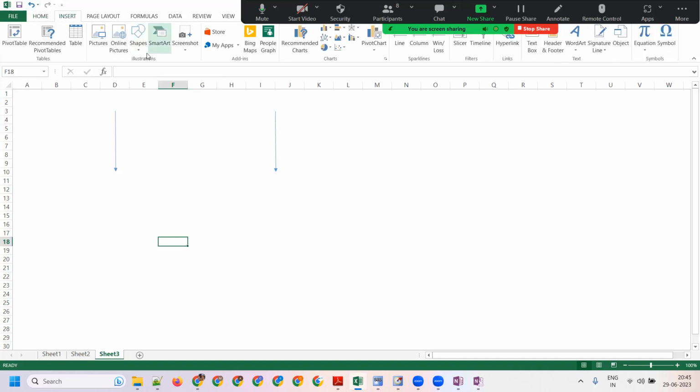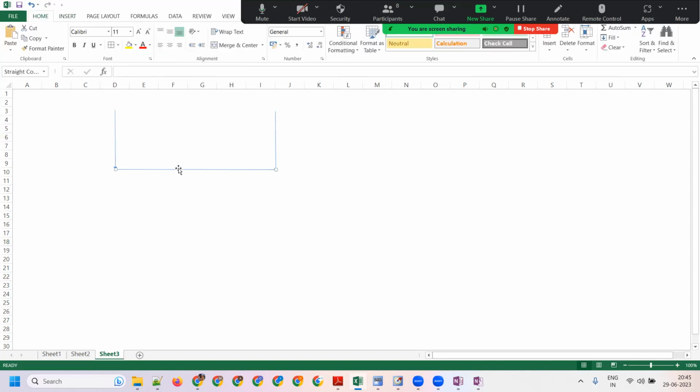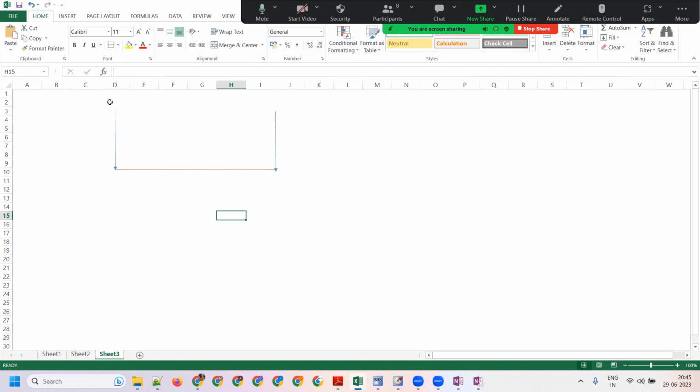For example, between these two dates, I'm taking a certain period. It should come properly. Wonderful. So this is going to be the period. Now I can say that the first line is going to be a reference start date.